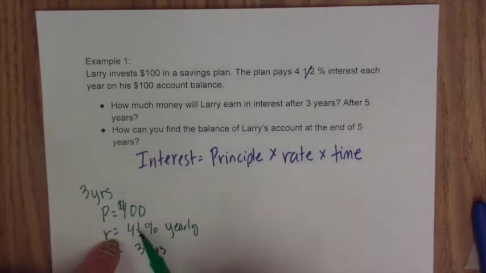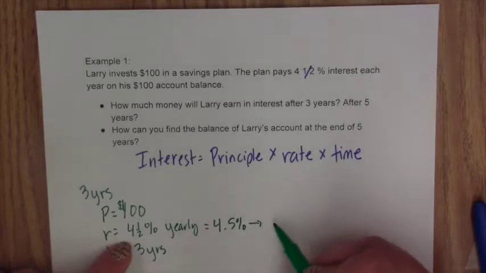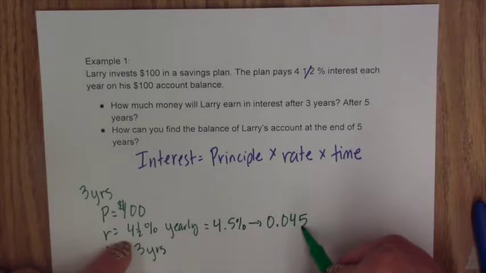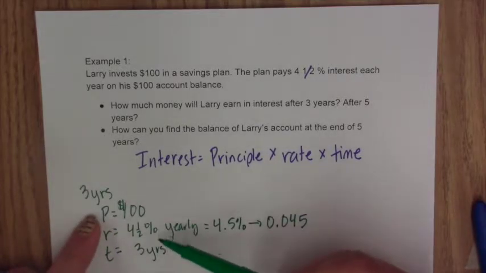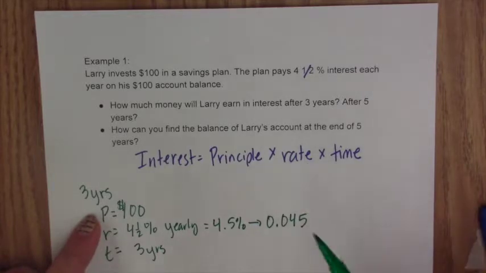Now, in order to multiply with this, I need to change this 4.5% to a decimal. So I'm going to go ahead and change that. I have 4.5%, which when I turn it to a decimal is 0.045. So now that I've identified my 3 things, I'm going to substitute into my formula, and we're going to solve.